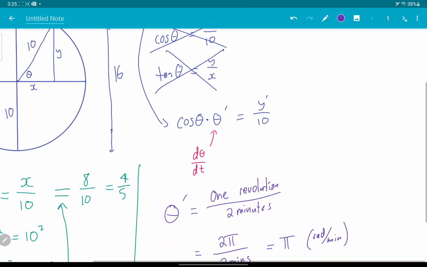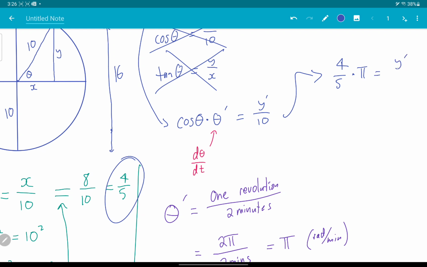Okay, now we are finally set to finish here. We found cos theta, 4 over 5. We found theta prime, which is pi. And that's y prime over 10.